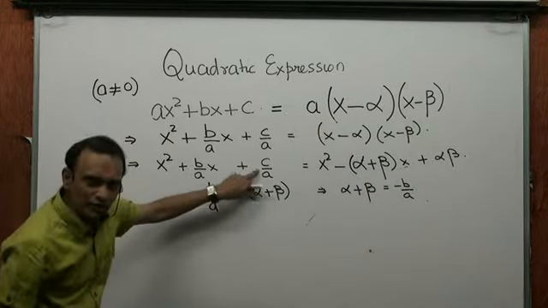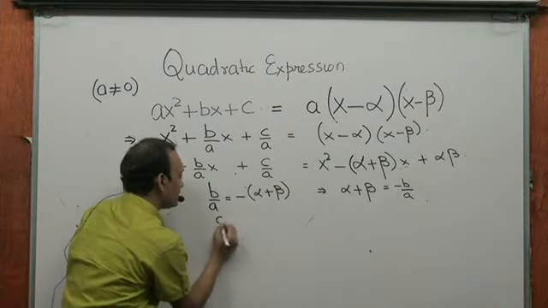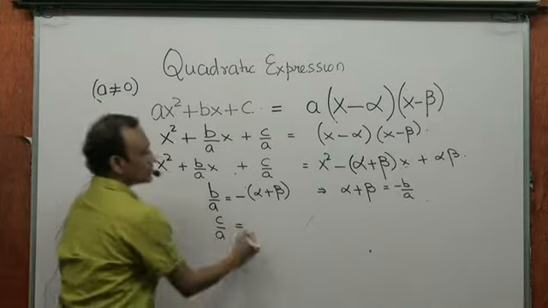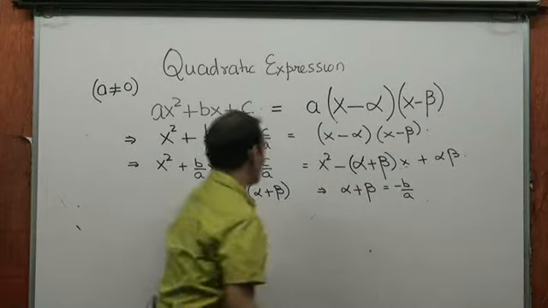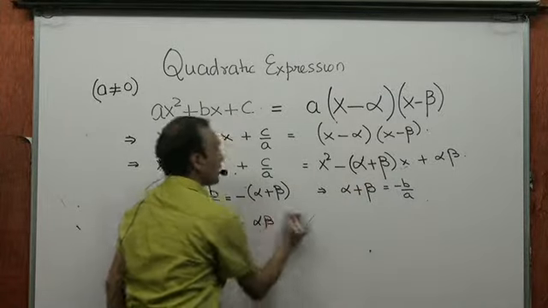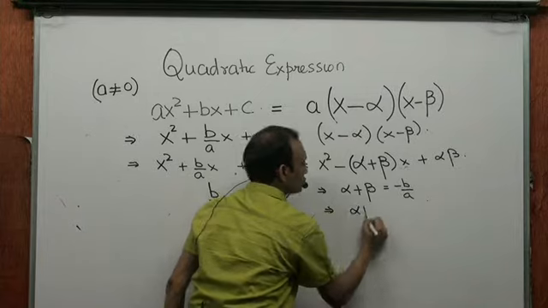The term independent of x on the left hand side is c by a, and on the right hand side it is alpha beta, which would give me alpha beta equal to c by a.